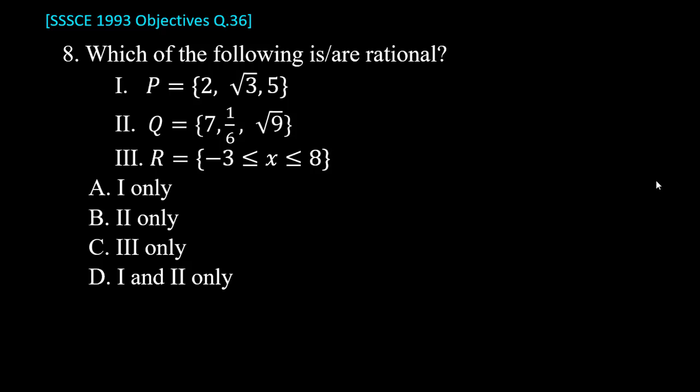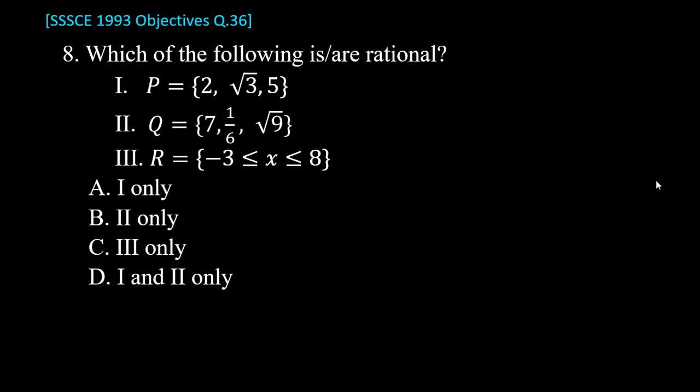If you move to Q equals 7, 1 over 6, and of course root 9, you see that all these numbers qualify to be rational numbers. Why? Root 9 also simplifies to 3, which is also a number that can be expressed as a vulgar fraction, because 3 can be written as 3 over 1 or 9 over 3, and so on and so forth.